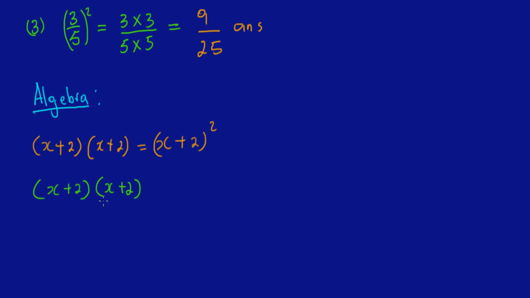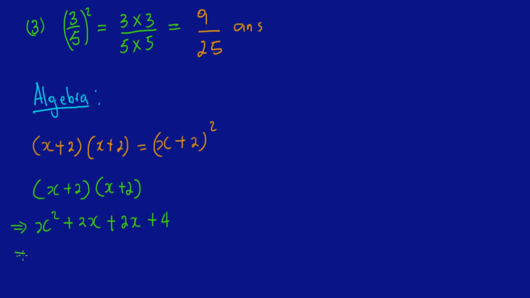and we could expand it, and we have looked at earlier how we expand these algebraic expressions to get a quadratic. So we would say this x times this x will give us x squared. Then x times 2 will give us a positive 2x, and this 2 times this x will give us a positive 2x, and this 2 times this 2 will give us a positive 4.